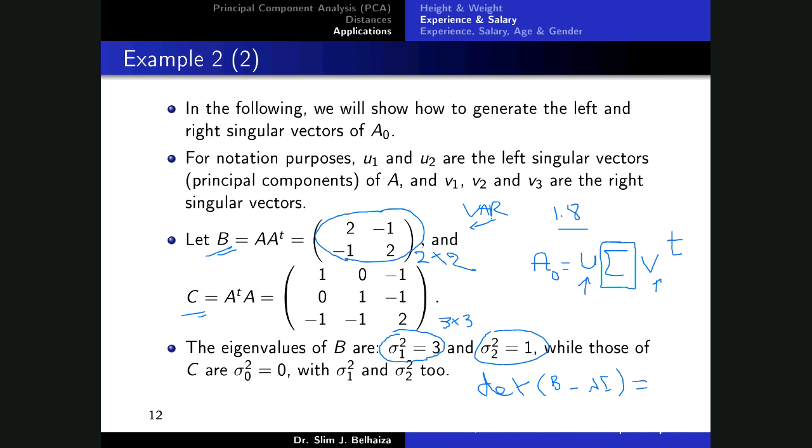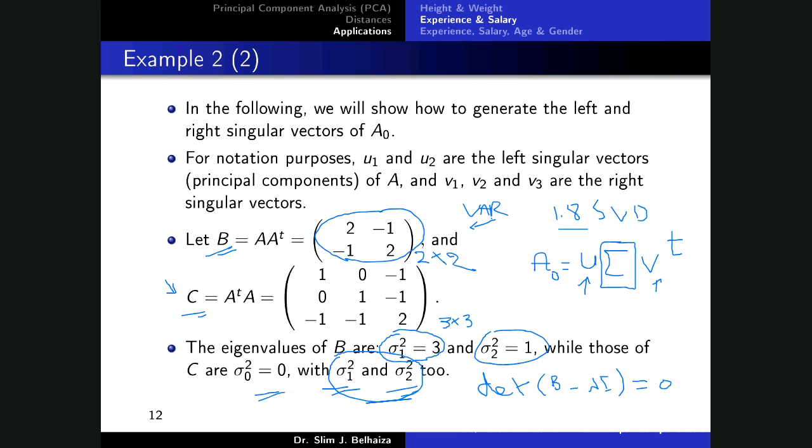Now, instead of calling them lambda 1 and lambda 2, because we are working on the SVD problem, we call them sigma 1 square and sigma 2 square, because we're going to extract the square roots of these singular values. Now, if you work on the matrix C and look for its eigenvalues, of course you're going to have 3 eigenvalues, and some of them are common with B. You're going to have 0 as a first eigenvalue, and the same eigenvalues we had before for B, which are sigma 1 square and sigma 2 square, 3 and 1.